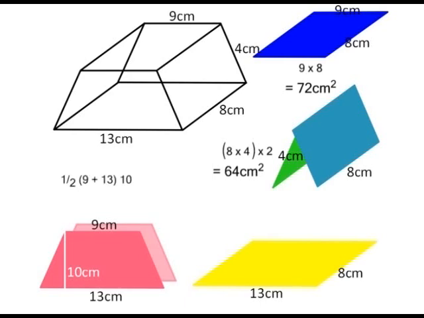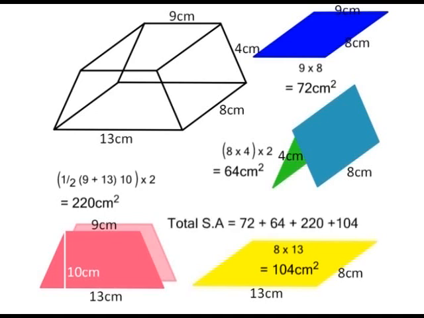That gives us a half 9 plus 13 times 10, and there are two of them. That gives us 220 square centimeters. Lastly, the yellow rectangle, 13 times 8 gives us 104 square centimeters. Total surface area, 72 plus 64 plus 220 plus 104 gives us 460 square centimeters.